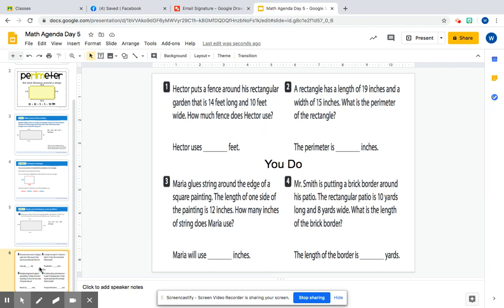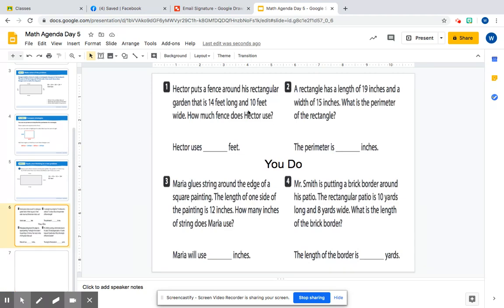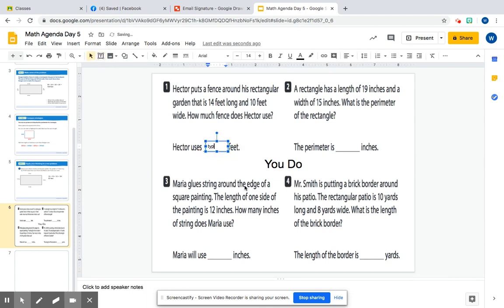I'll add an extra slide on here in case you need to draw some pictures, but you should have room right here. So you'll solve your problem, and you'll put your answer in your text box, because you'll have a text box here to type your answer in, and then you'll turn it into Google Classroom for your credit.